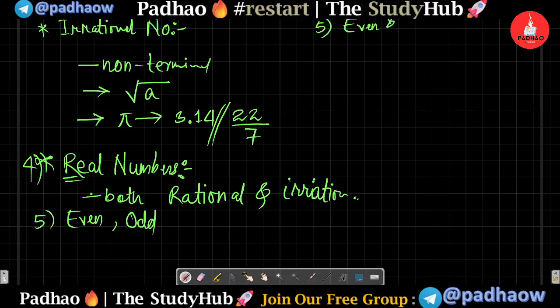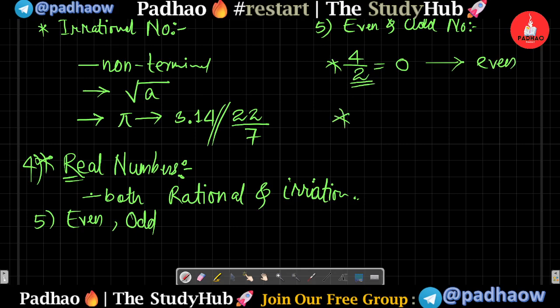Even means any number, for example I take 4 divided by 2, I get remainder 0. These are known as even numbers. Always we divide by 2. Any number which, if divided by 2, we do not get remainder 0, is known as an odd number.